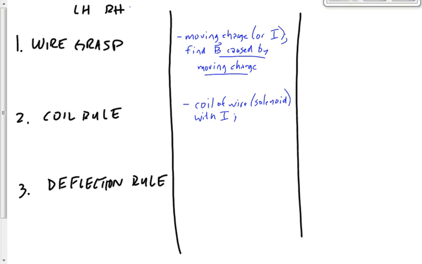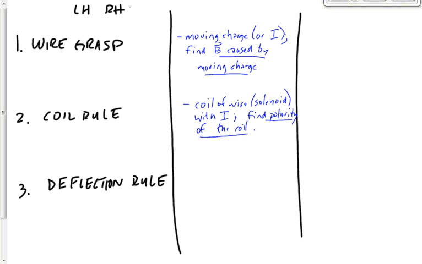What we want to do is find the polarity of the coil. The coil becomes an electromagnet. As there's an electric current going through it, it generates a magnetic field. We want to find the polarity of that electromagnet that's just been formed. Now, that's pretty similar to the wire grasp rule.